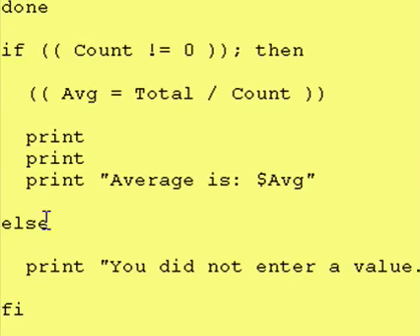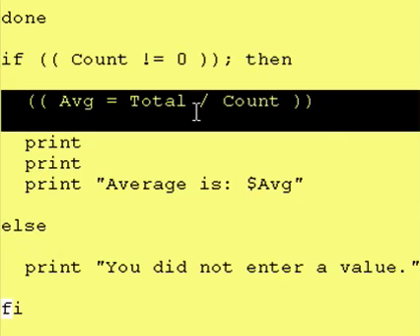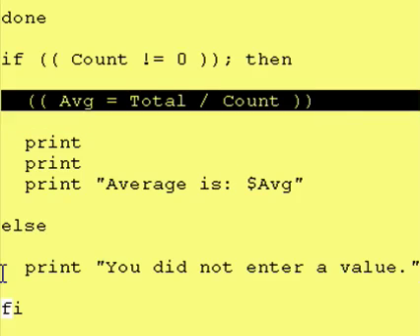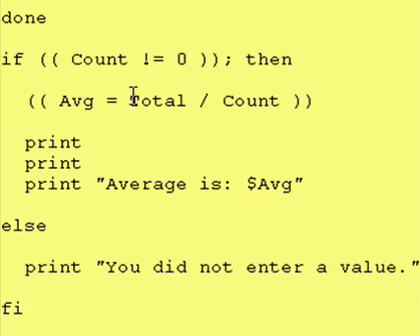Which brings us to an if, then, else statement. Our if statement says, if the person entered data, then perform the average. Otherwise, tell them you did not enter a value. So we check to see if count is 0. If 0, they didn't enter data. Let me rephrase that.